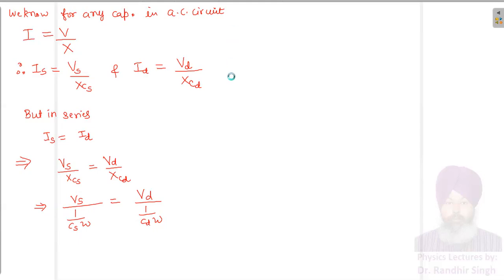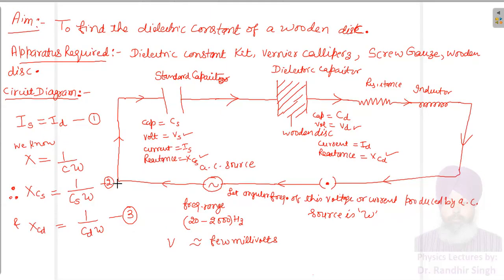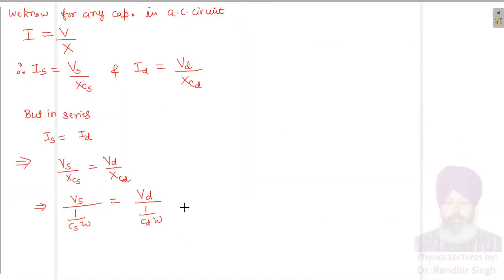because if I show you previous slide, then this is the formula for XCS and this is the formula for XCD. So I have used equation number 2 and 3. So this omega and this omega will get cancelled.